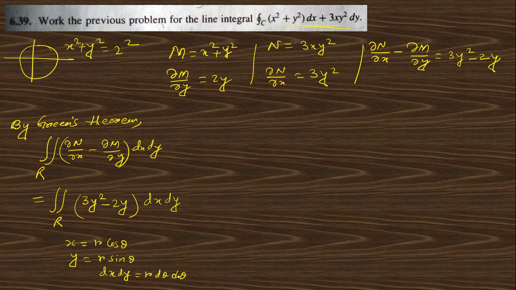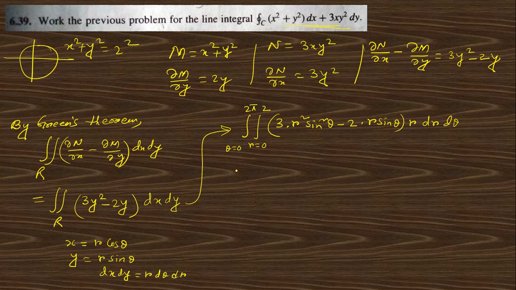If we put in this substitution, what will we get? 3y square, y square is r square sin square theta, minus 2y, y is r sin theta, into dx dy, which is r dr d theta, right? Here r is 0 to 2 and theta is obviously 0 to 2 pi.